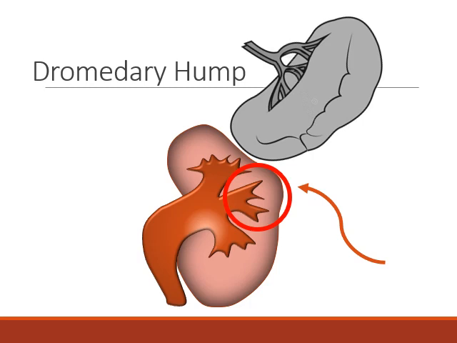Also, it's going to look the same as the rest of the renal cortex in every other way. So that's the 3 pseudo-lesions. They are hypertrophied columns of Bertin, persistent fetal lobulations, and dromedary or splenic hump.